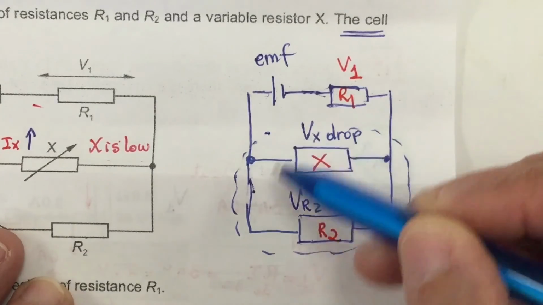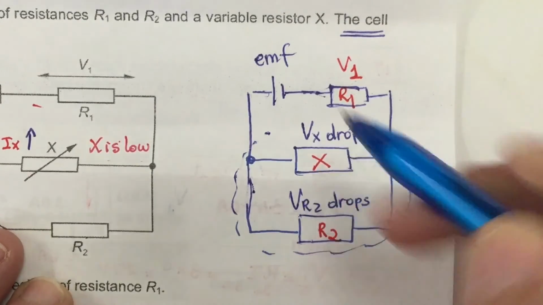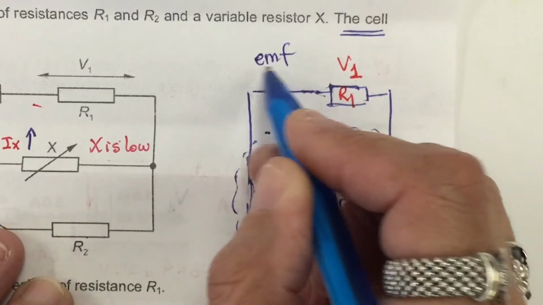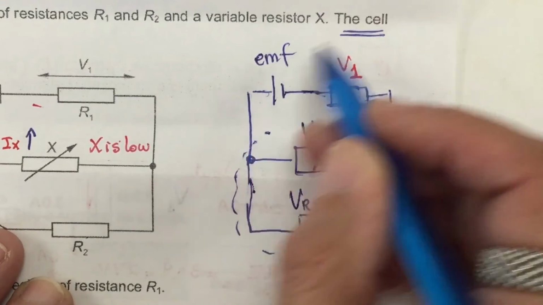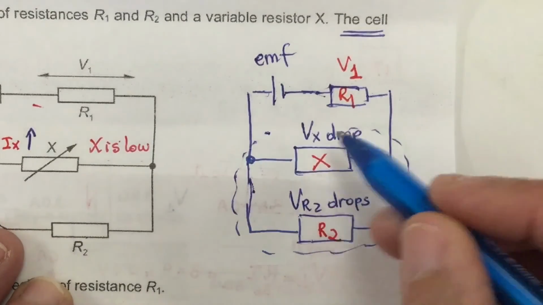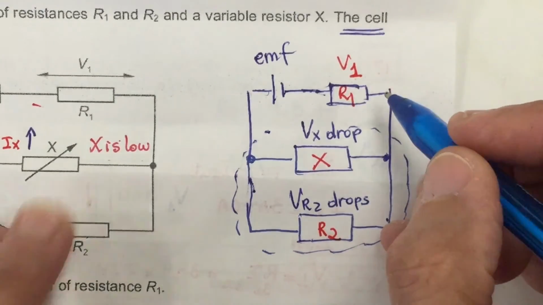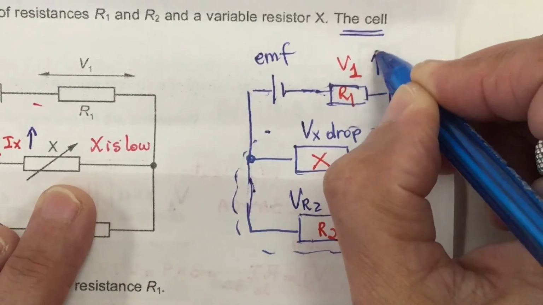So if the voltage in this section drops and we have the same EMF here from the cell, then this one here is going to increase.